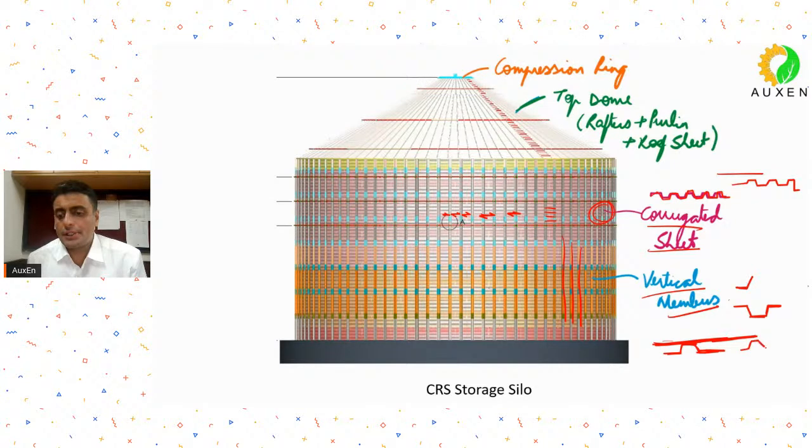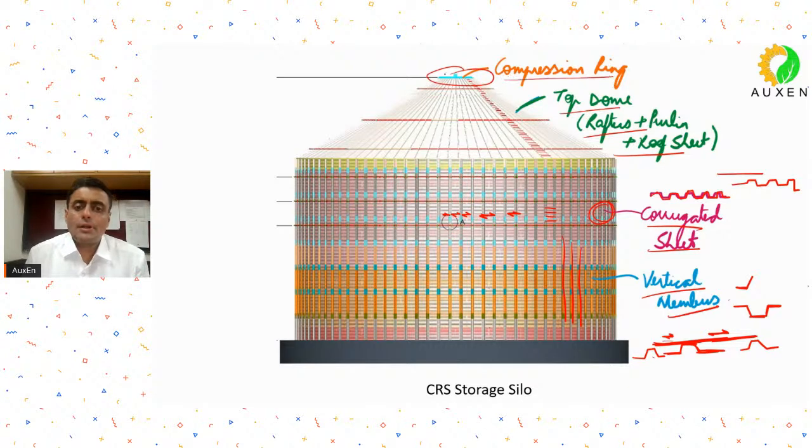Your corrugated sheet is like this, and vertical members are placed like this. So the corrugated sheet has a horizontal spanning. Then you have a top dome, again made out of rafters and purlins, cold rolled sections, and at the top you have a compression ring to support this top dome. So this is the general structural system that you see.